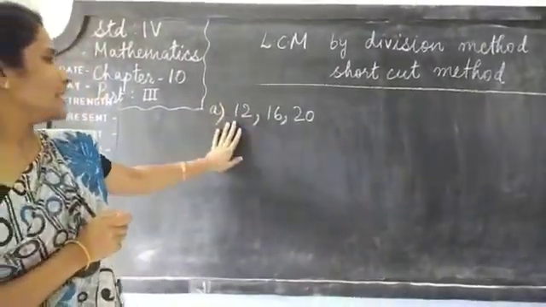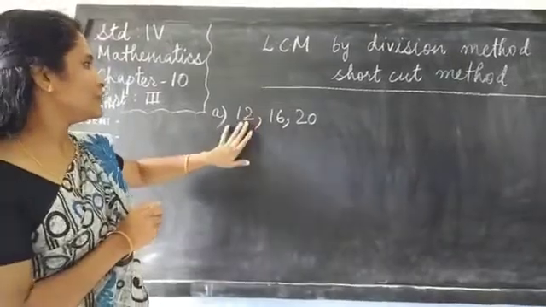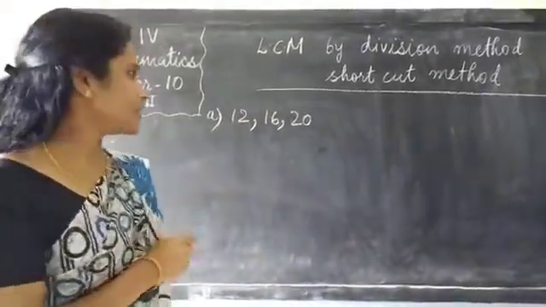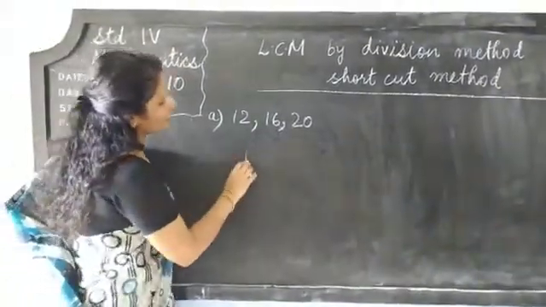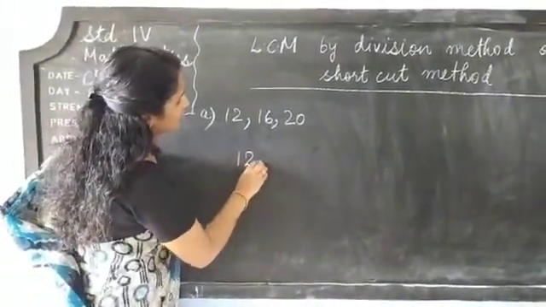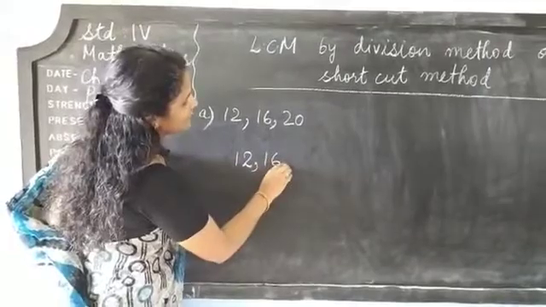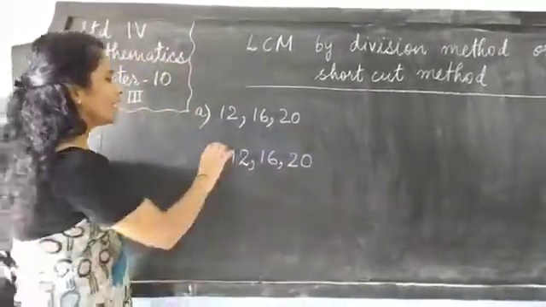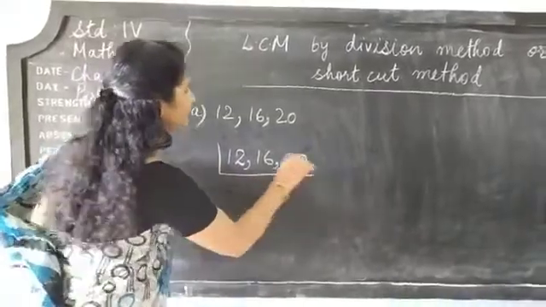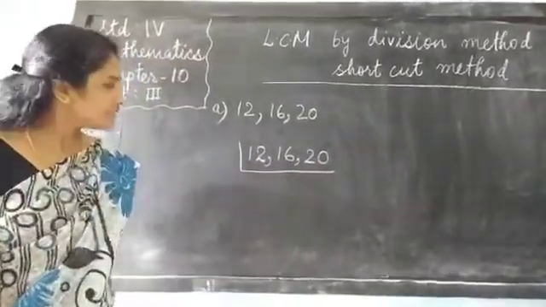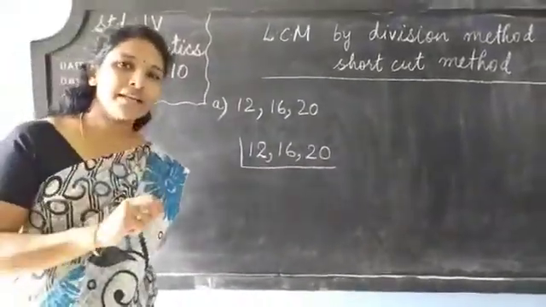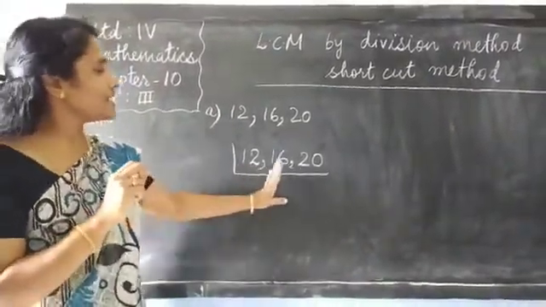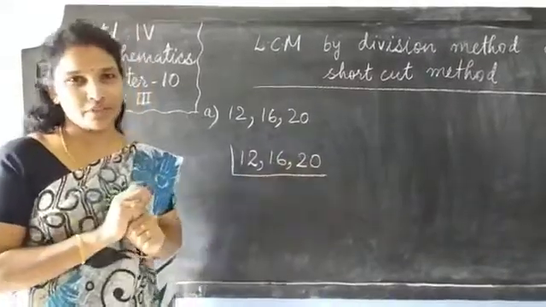Here the first question is, find the LCM of 12, 16 and 20 by the division method. First we are going to write the numbers 12, 16 and 20. When you do the division of these numbers, in HCF we had to see whether all the numbers are divisible.